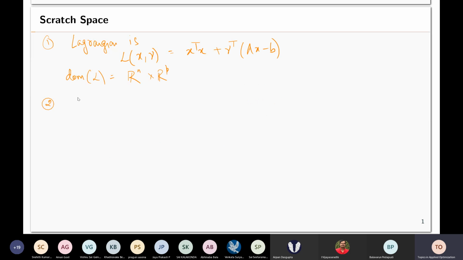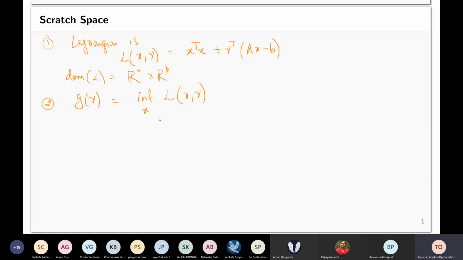Find the dual function. So the dual function, since in this case it's only the equality constraint with nu, we have to take the infimum over x of the Lagrangian L(x, nu). There is something called Lagrangian also used in physics. I think the better way in optimization is to say Lagrange function, but anyway, we should not get confused.